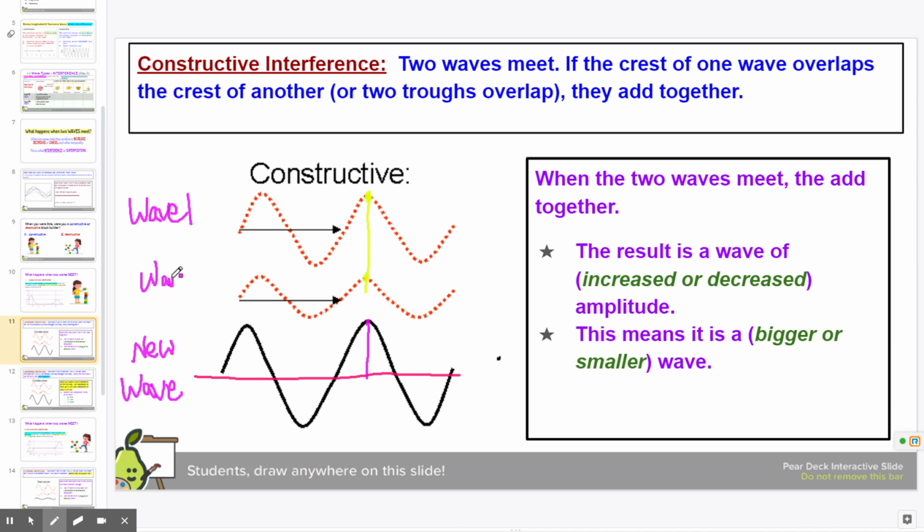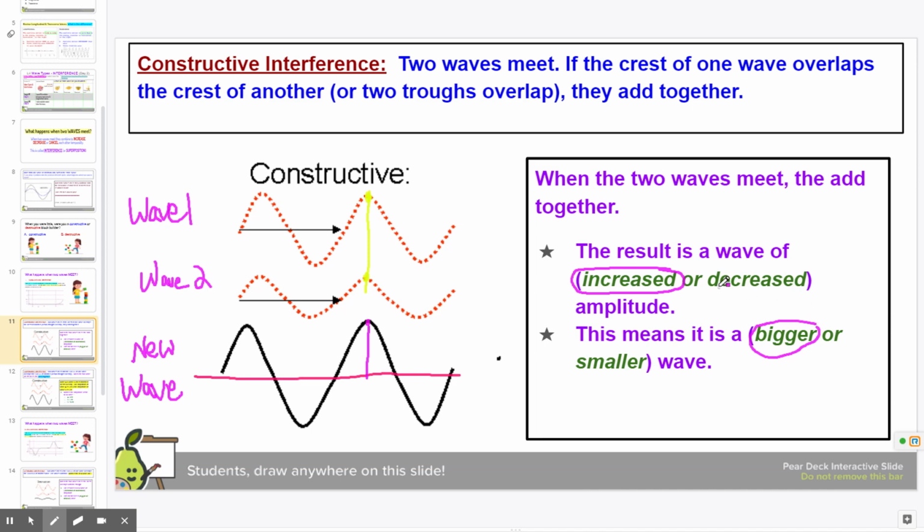So if crests overlap, constructive interference occurs, and the new resultant wave is a wave of increased amplitude, and this means it is a bigger wave.